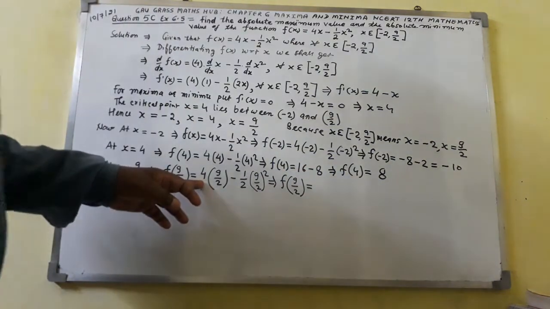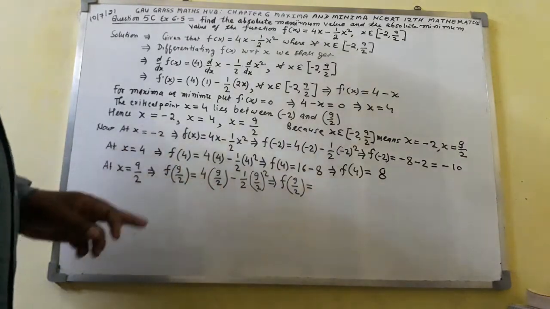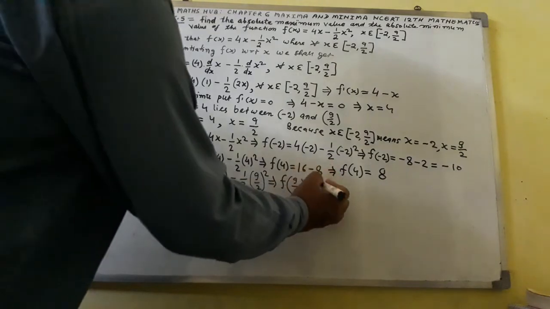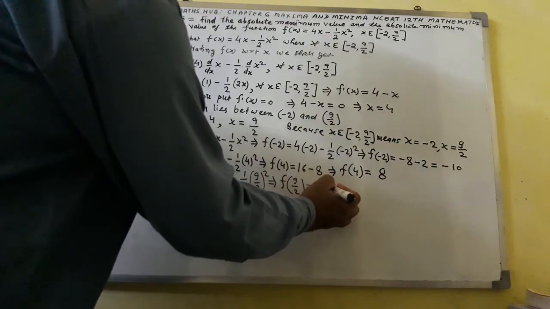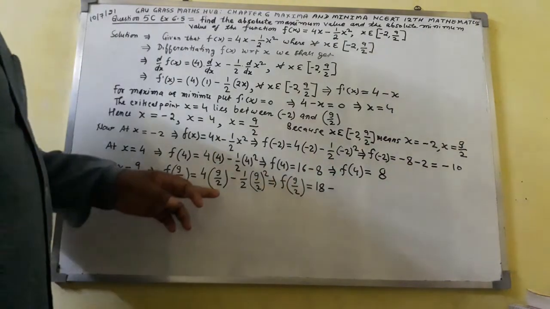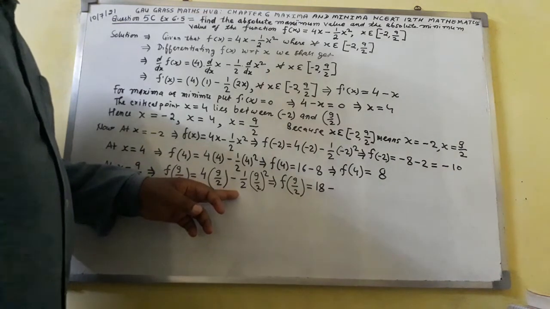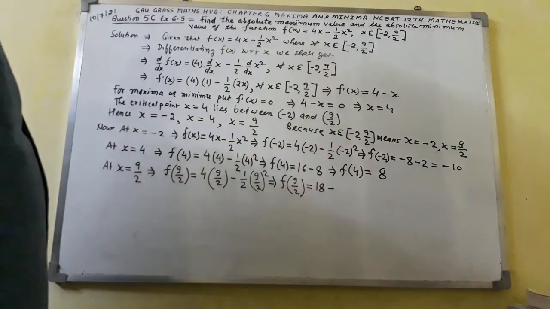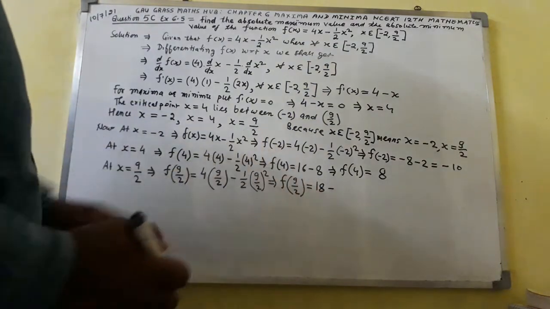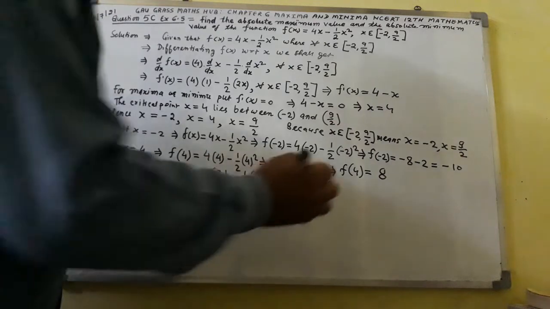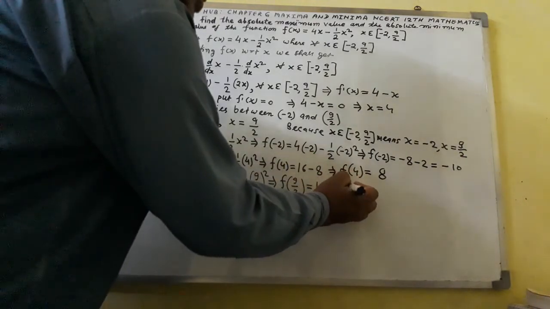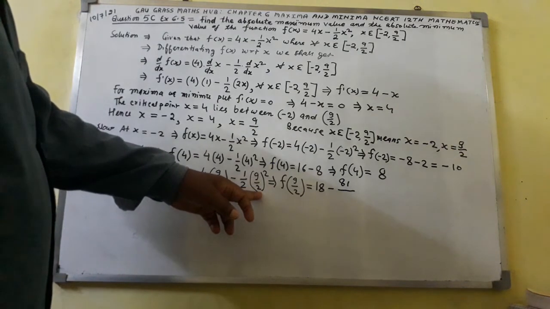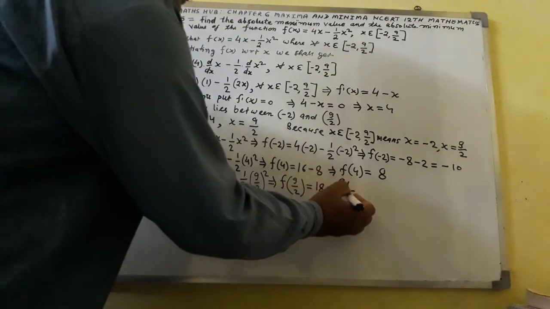Here 4 will be divided by 2, we will get 2, and 2 multiplied by 9 comes out to be 18, minus 9 over 2 squared, so you will get 9 squared, which is 81, over 2 times 2 is 4, 4 times 2 is 8.